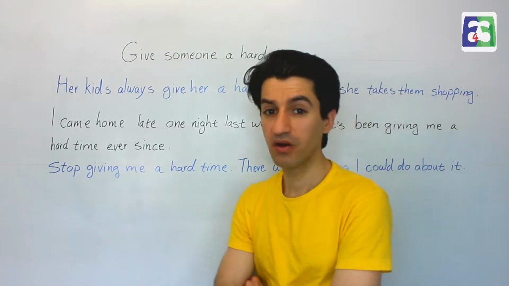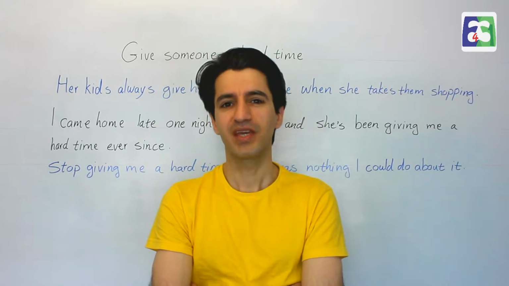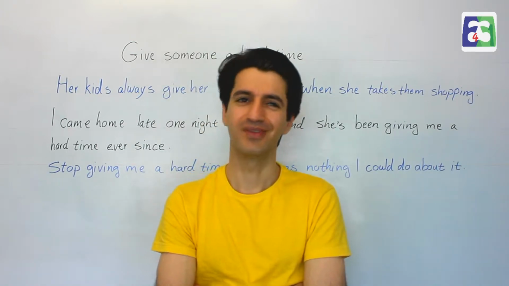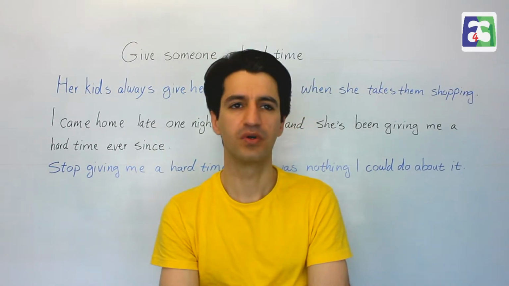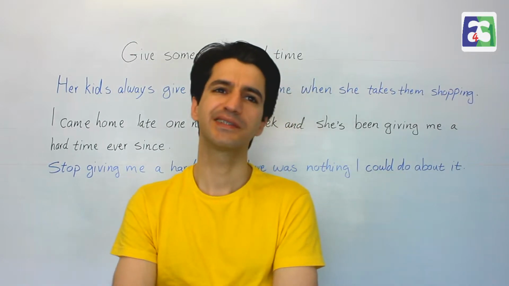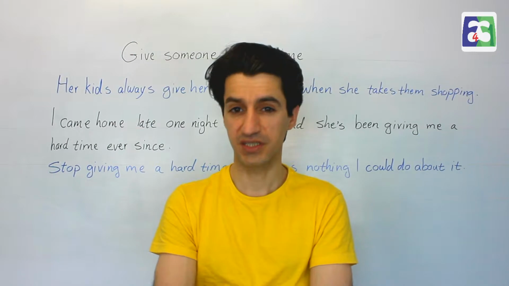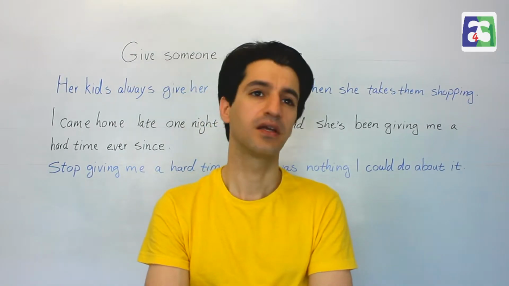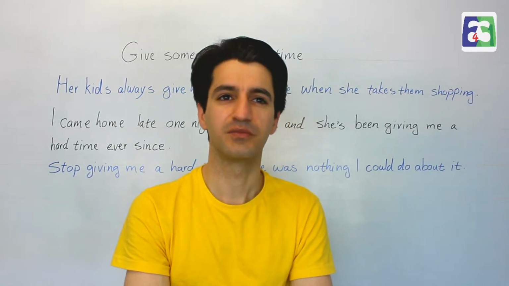To give someone a hard time literally means to make life difficult for someone, to make someone annoyed or punished, or make things a bit difficult for the person because of a mistake they have made or something they have done without thinking.